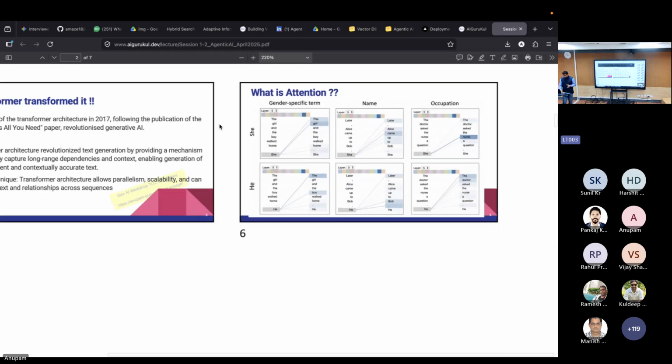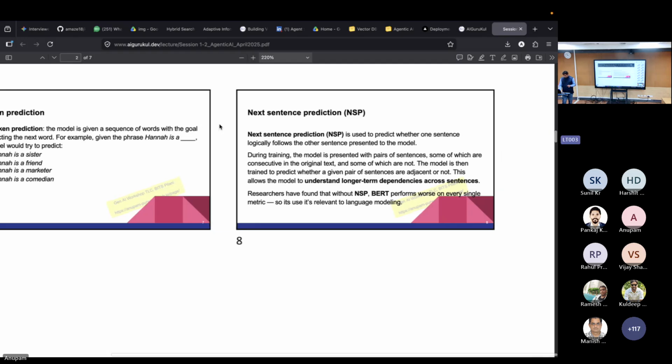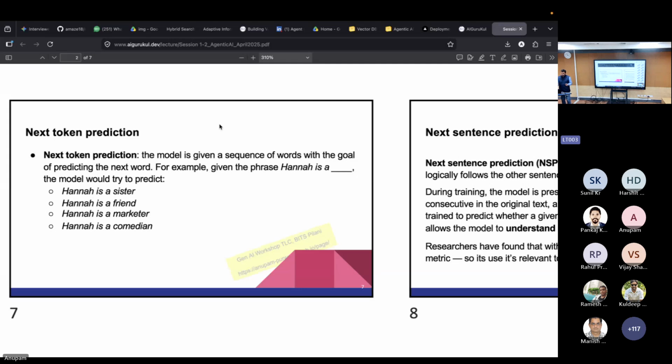I'll skip the attention mechanism and all that, but I will try to bring your attention to next token prediction, because this is very fundamental to language models. I want you to understand that, because I didn't see many hands raised when I asked about your awareness of language models. Now look at this sentence, a fill in the blank, where the model has to predict what the last word would be.